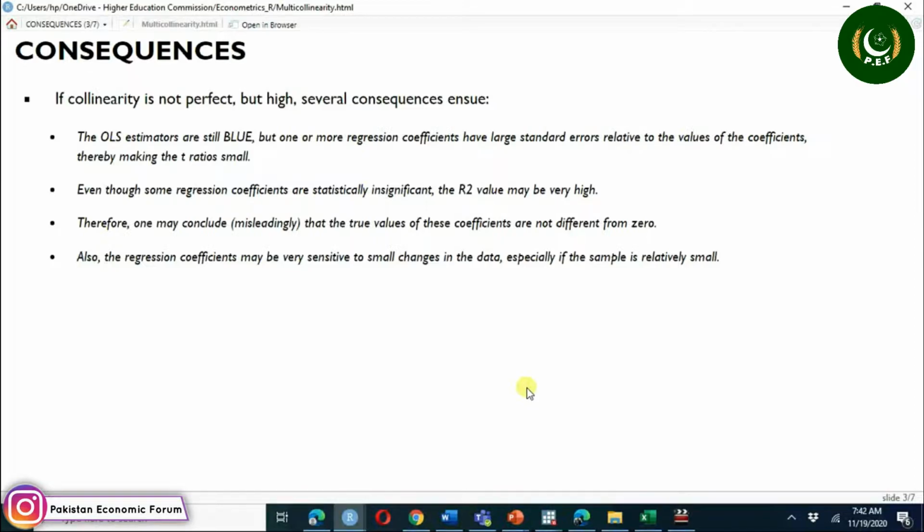The results may not be significantly different from zero, which means you are not rejecting H0 when you should. And lastly, your coefficients will be very sensitive to small changes. Maybe one observation you add or one variable you drop, it changes your results drastically.